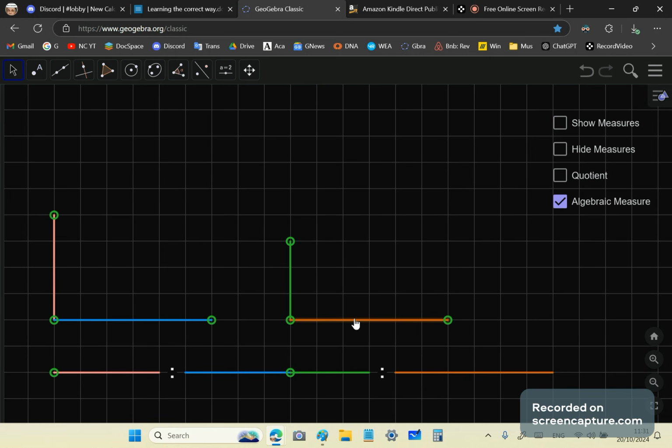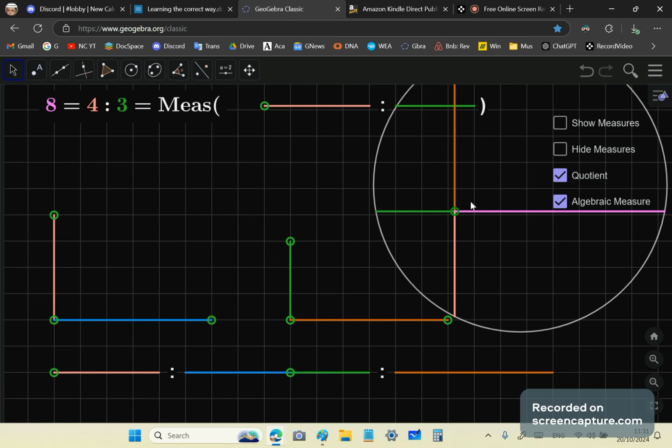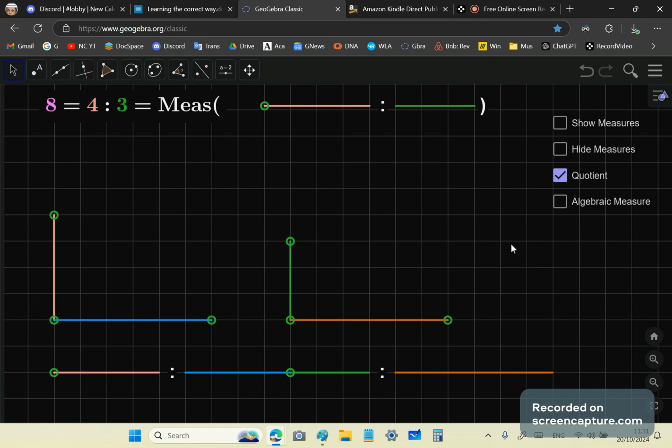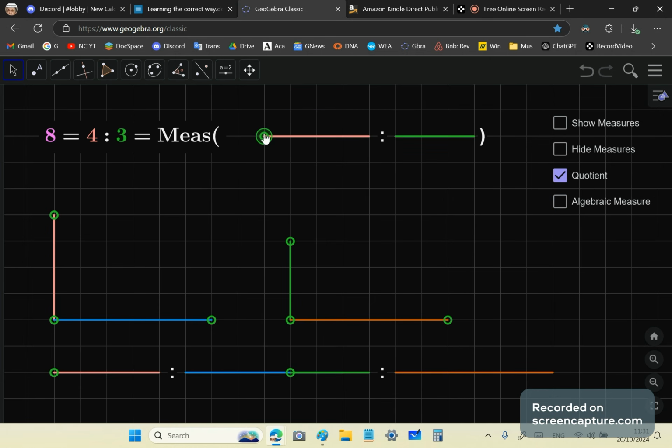The consequents are the same, which means that the quotient will simply be this line to this line here, right? So here's the quotient. Let's just take away the algebraic measure for the time being. So this here is this line to this line. If we look at the number of blocks, it's actually 4/3.